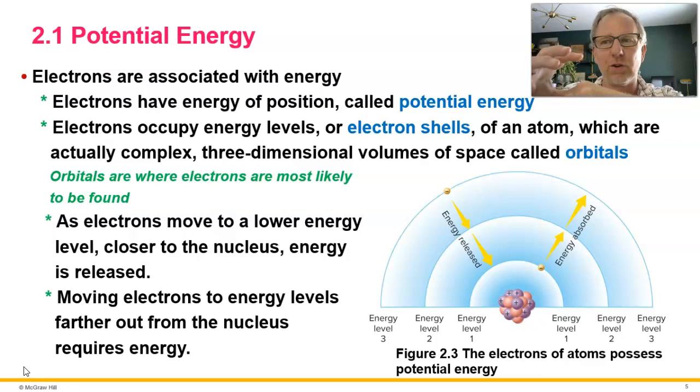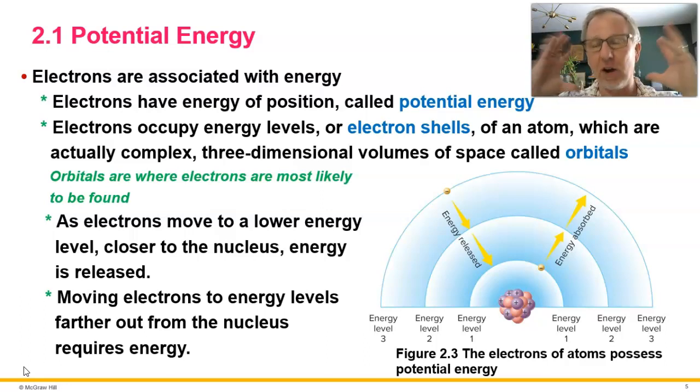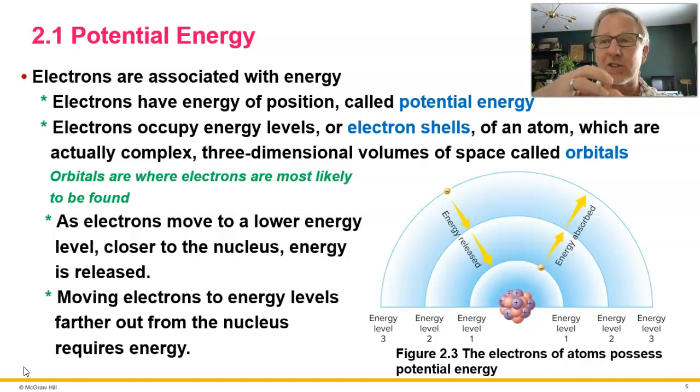An electron that isn't so far away from the nucleus, that's in a lower shell, will have less potential energy. This will be a phenomenon that'll be in the background, hopefully in your thoughts, and we might refer to this again when we're talking about metabolism and energy later on in biology. So it takes energy to move electrons out to farther shells. Energy is released when the electrons fall back towards the nucleus.